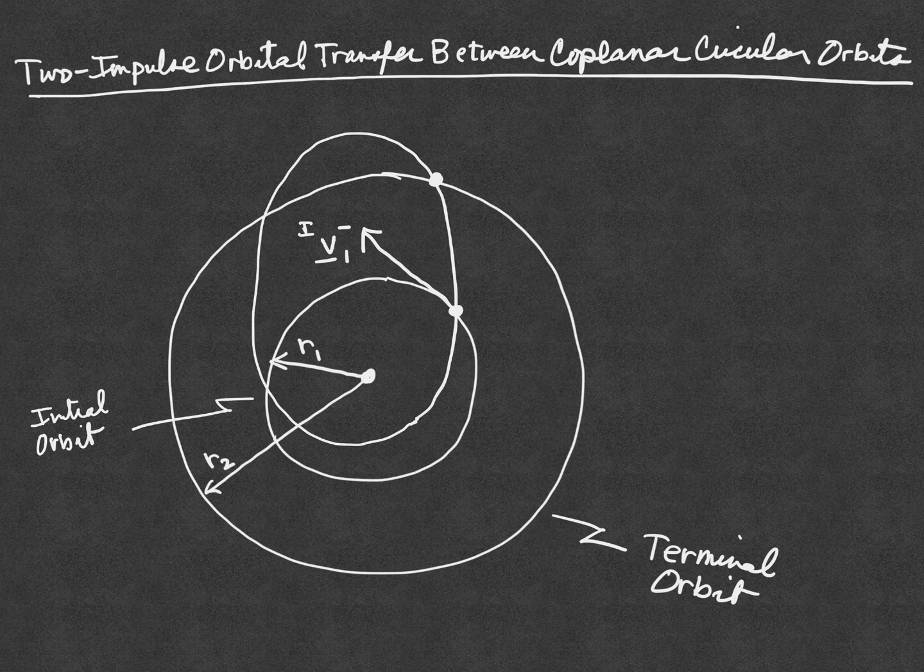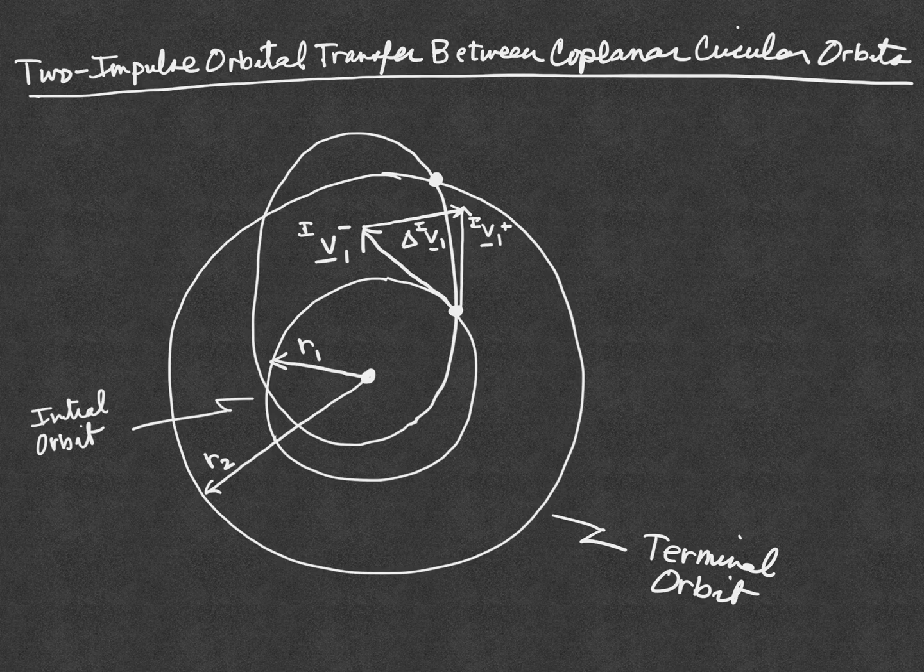After the application of that first impulse, the velocity now has to be pointed in the direction tangent to the transfer orbit. So that velocity is v1I plus. And you can see from the diagram then that delta v1 has to be the impulse that takes me from v1I minus to v1I plus. So this is delta v1I.